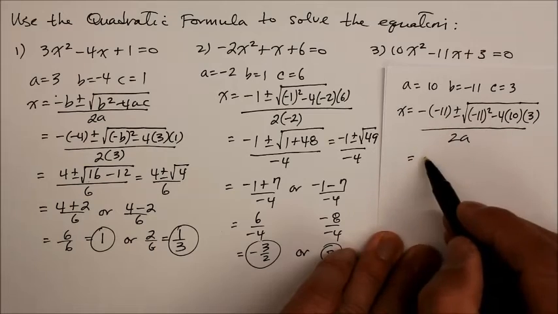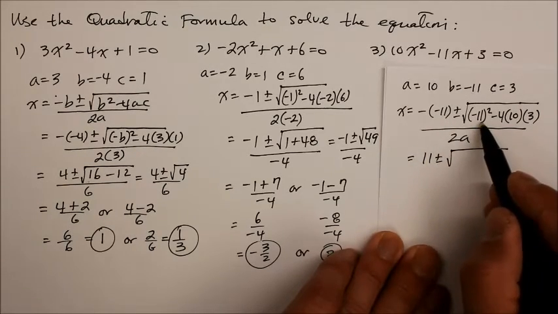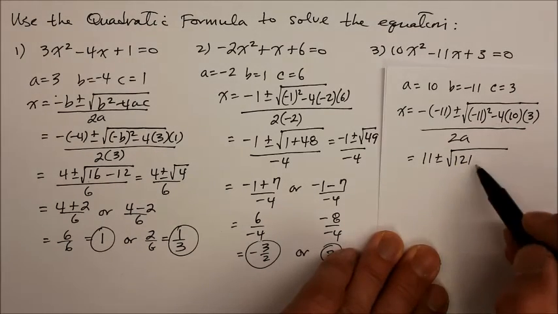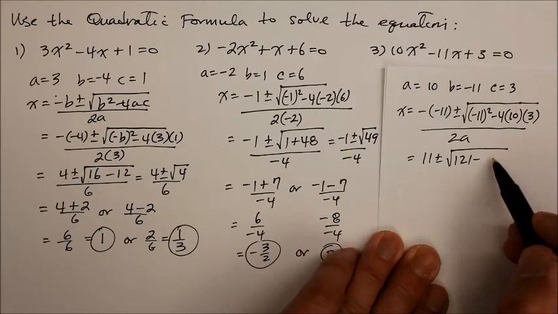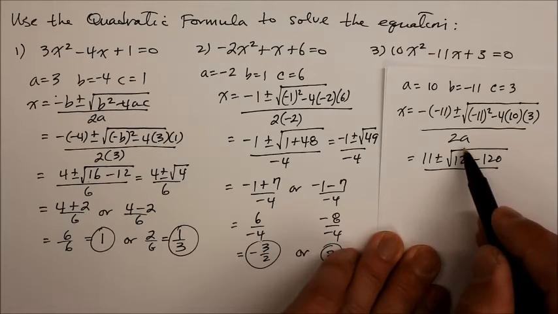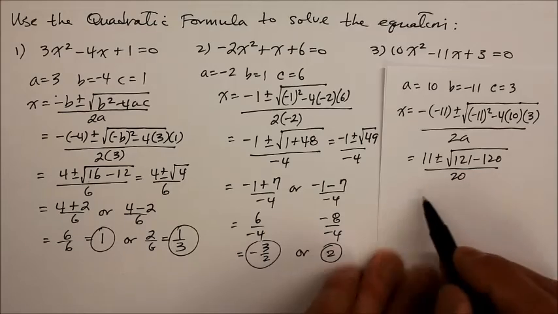Negative 11 becomes positive 11, plus or minus, inside the radical now, negative 11 times negative 11 is positive 121, minus 4 times 10 is 40, times 3 is 120. All over, oh, I didn't put a 10 in there, 2 times 10 is 20.